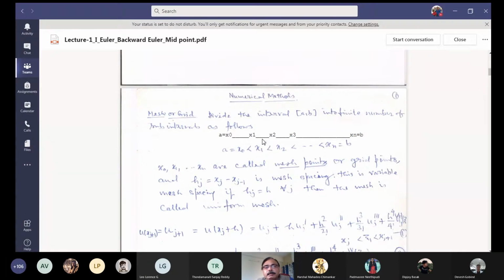If they are equally spaced, then the step size h, the difference between x1 and x0, will be (b minus a) divided by n. We discussed that x0 will be a, x1 will be a plus h or x0 plus h, x2 will be either x1 plus h or x0 plus 2h, and in general xk will be x0 plus kh, where k runs over the integers.